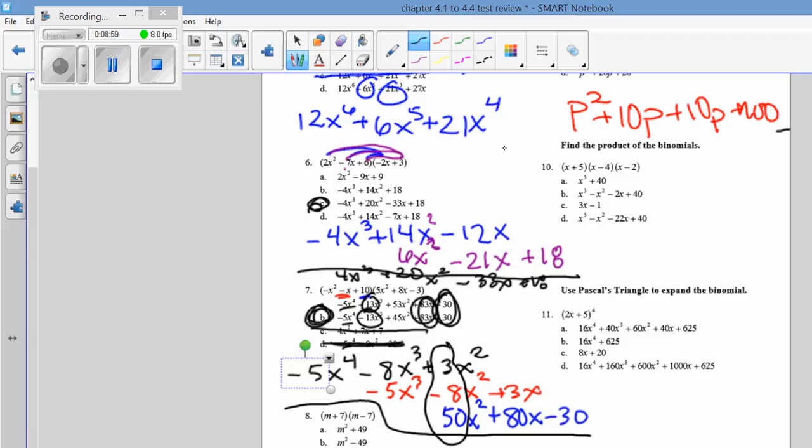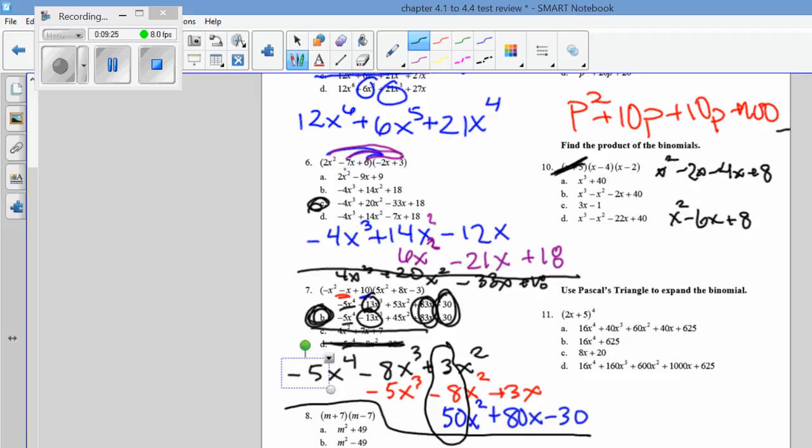Okay, over here on number 10, it says find the product. Pretty much what I like to do is save this one, so I'm not really crossing it off, I'm just saving it. And I'm going to FOIL these ones first. So that would be x squared minus 2x minus 4x plus 8. So that's x squared minus 6x plus 8.